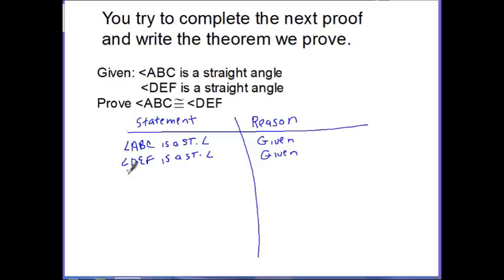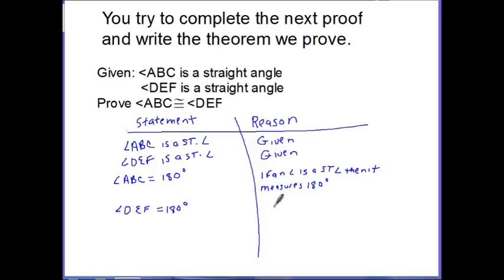Next, we can say angle ABC equals 180 degrees. The reason is if an angle is a straight angle, then it measures 180 degrees. Next, we can say that angle DEF equals 180 degrees.